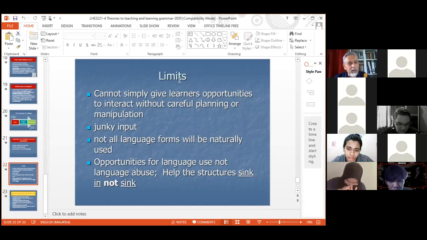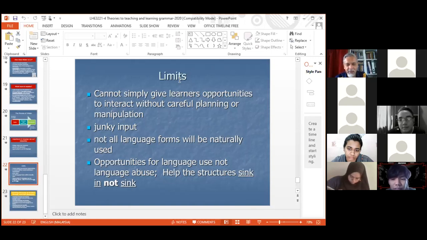Maybe if you give them a task like find out what your friends ate for breakfast, and they go around and ask their friends, and then when they report, they'll be using past tense, right? They'll be saying Yasin ate nasi lemak for sahur, not for breakfast, for sahur. Okay, so they'll be using past tense, right? So the opportunity is there.